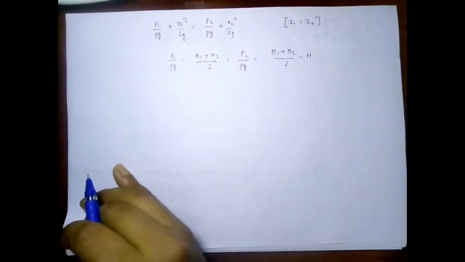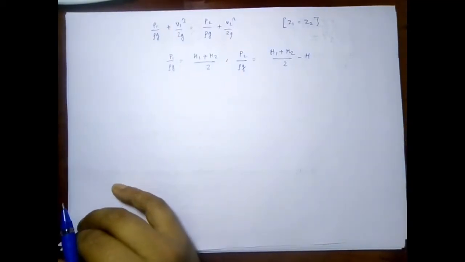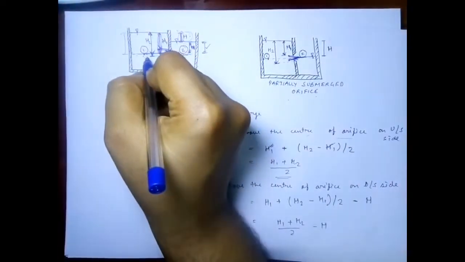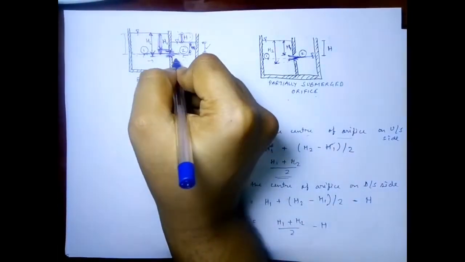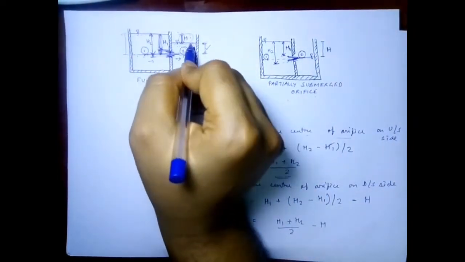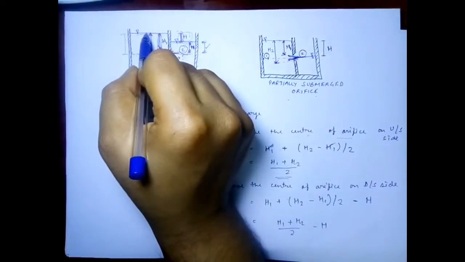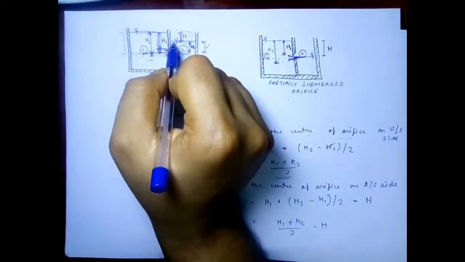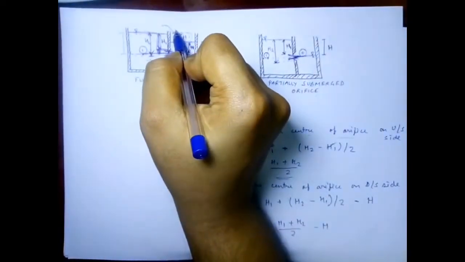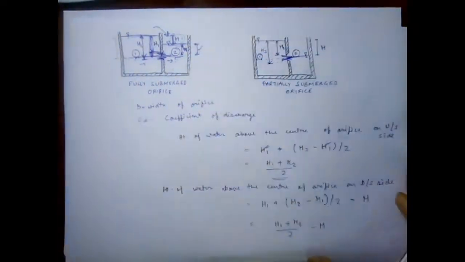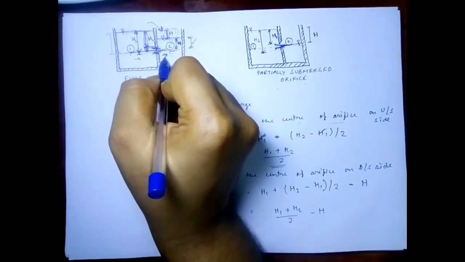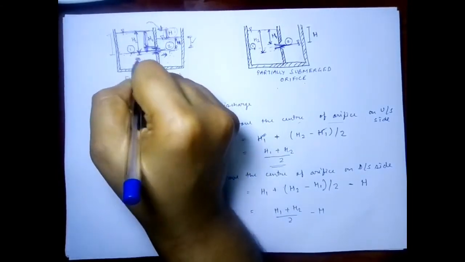And also let us consider that V1 is negligible because I don't think that there will be any flow here. All the flow will be observed over here, because this one is at a higher level and this one is at a lower level. So you know, water where you have a higher level will flow towards the downward level, towards that side where the water level is lower. So you can observe flow over here, but you won't observe any flow over here.